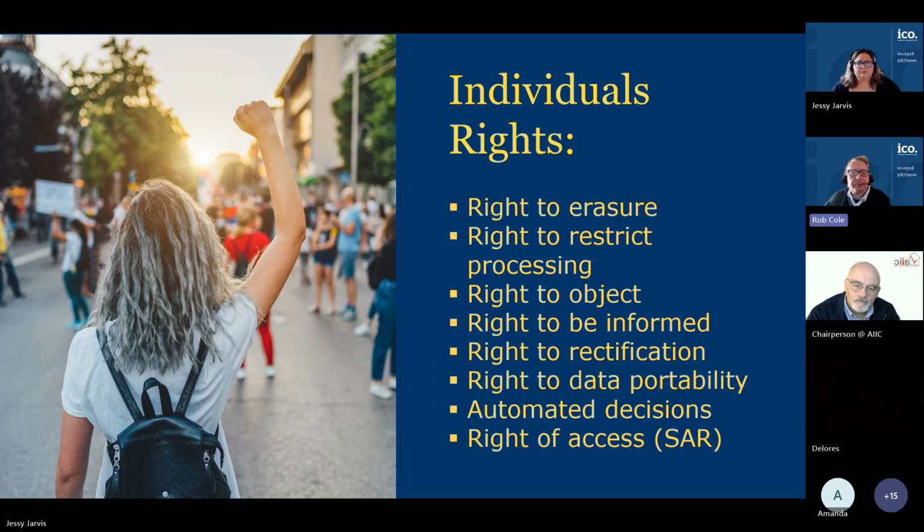And then the right to data portability. This lets people move their data between services. It isn't one that we get a lot of questions about. I think when the GDPR was originally drawn up, the intention was probably to allow people to easily move big packets of data between organizations, most likely between utility companies, if you wanted to switch your gas or electric, to take that information to another provider.